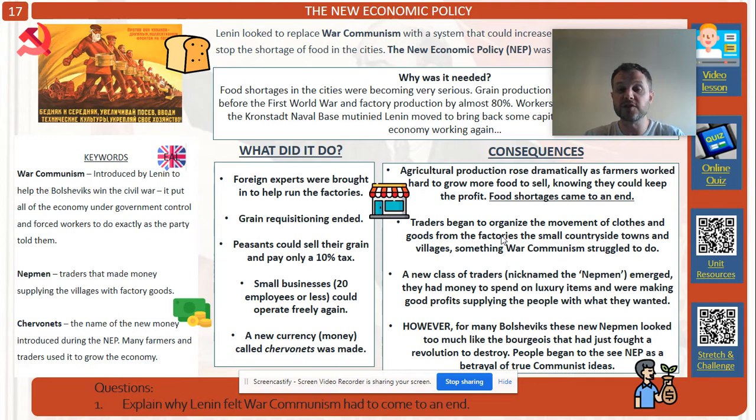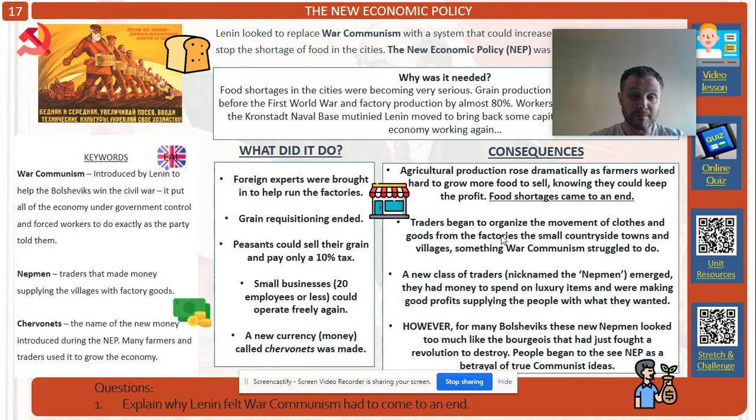But of course, those die-hard communists, those die-hard Bolsheviks, they're not very happy with this. Few people directly criticized Lenin because he was a bit of a legend at the time and still is, as we're going to see in the next session.